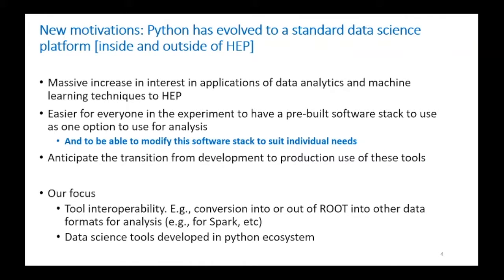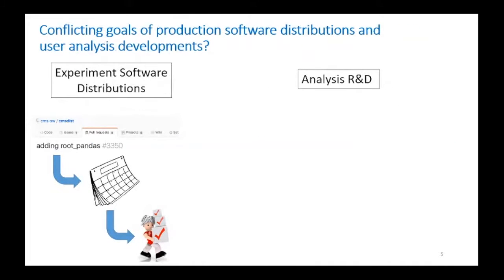We're trying to make life easier for our users, anticipating that eventually we'll want to use these tools in production. Our focus has often been on making it easier to work together with different tools, and data formats in and out of ROOT is one topic we've recently focused on.